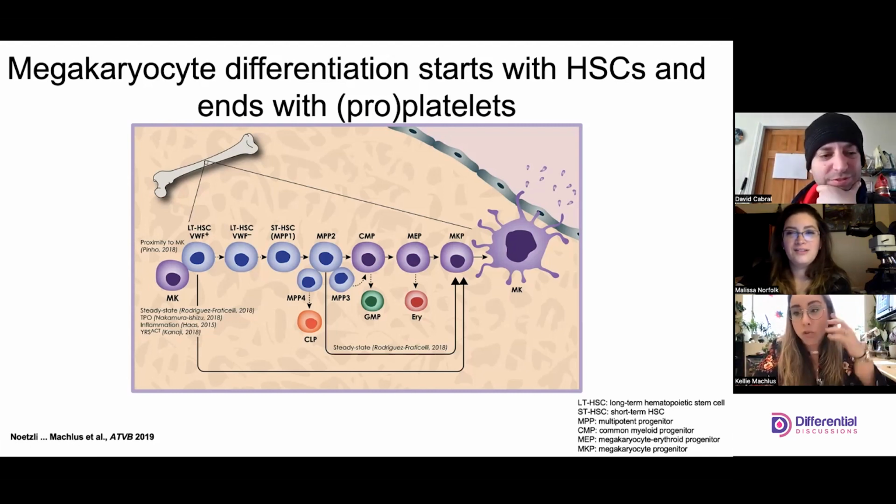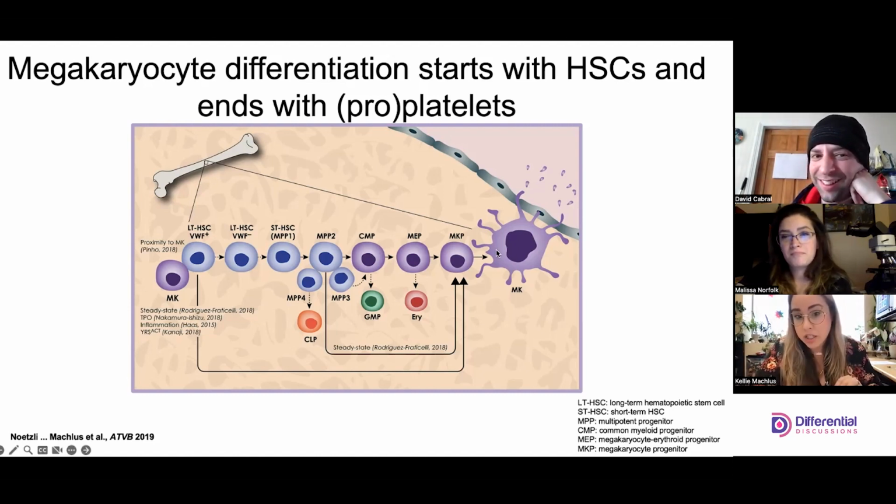No one's found exactly what turns on these committed megs, no one's found a factor yet. People call it emergency hematopoiesis now. TPO doesn't do it. TPO is the normal thing that drives megakaryocyte production, but it doesn't drive this process. And TPO is not inflammatory.